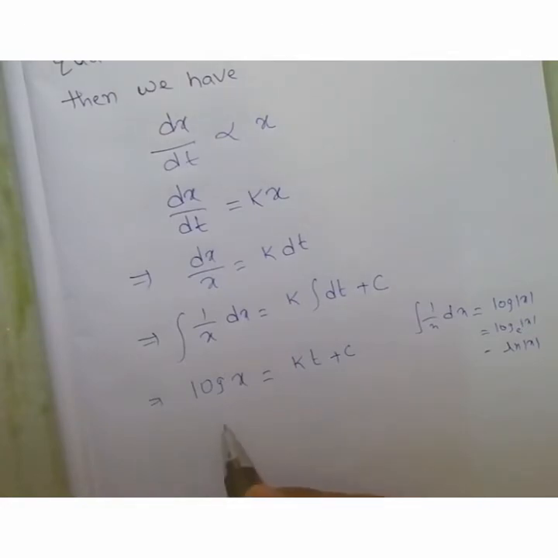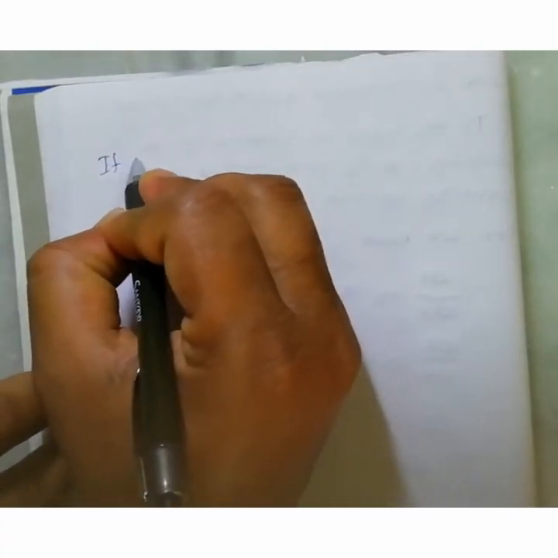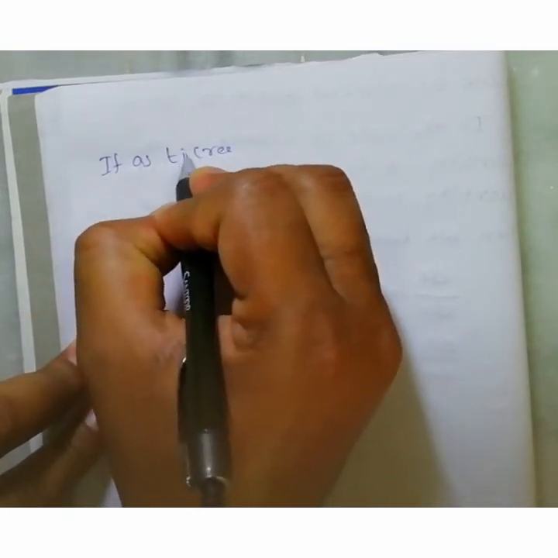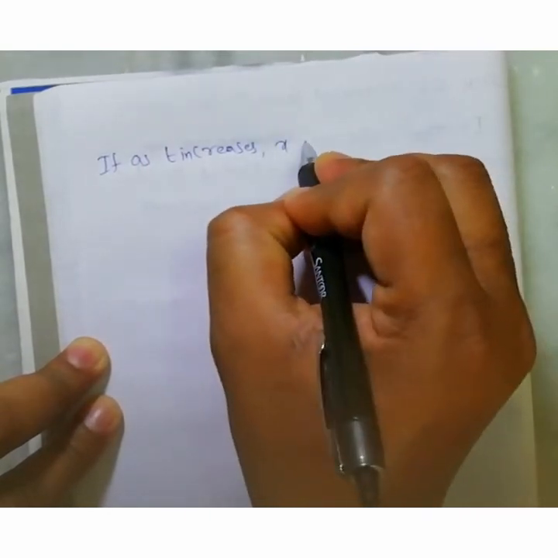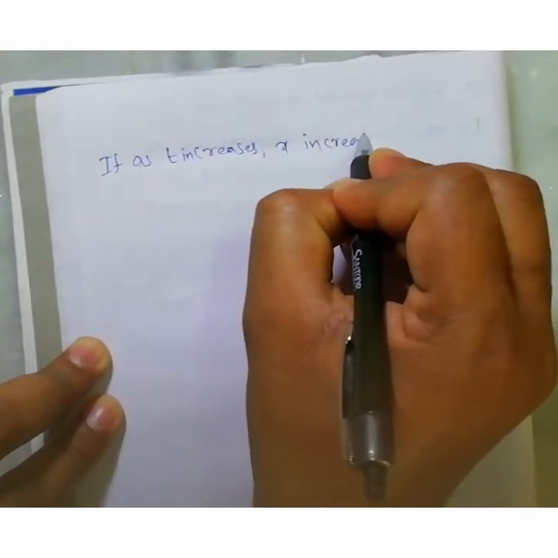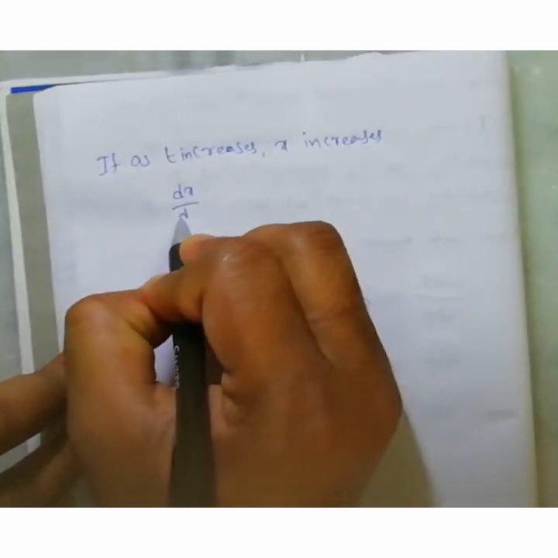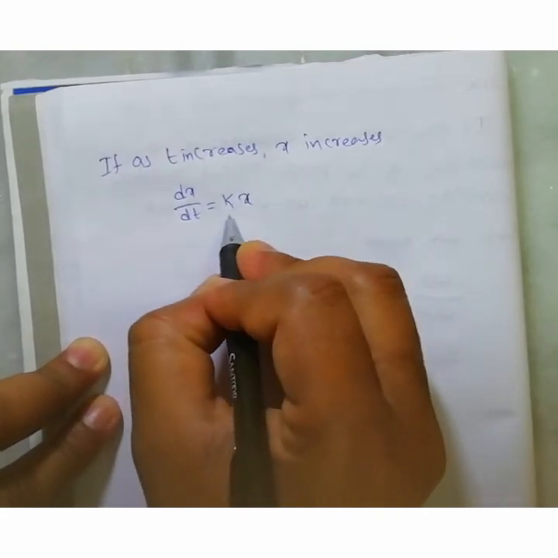So here, if as t increases, that is the time increases, x increases, then we take dx by dt equal to k into x, which means k is positive.